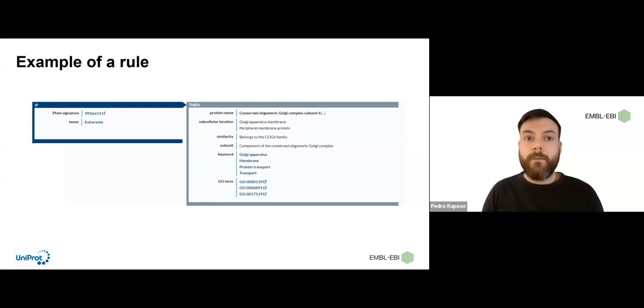We are going to see later what signatures actually are in the next slides. And at the end, any TrEMBL proteins with these two conditions will automatically get the annotations described on the right panel. So in this example, they are going to be automatically given this protein name, this subcellular location, and all the other annotations that you can see here.